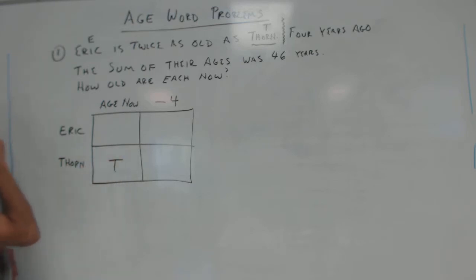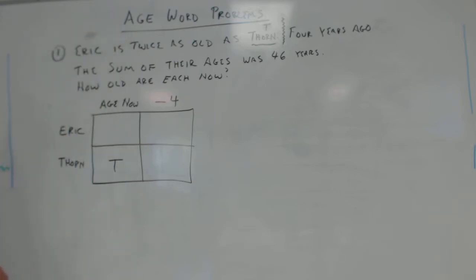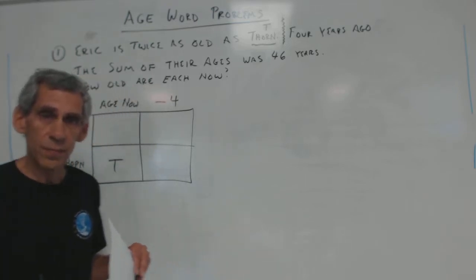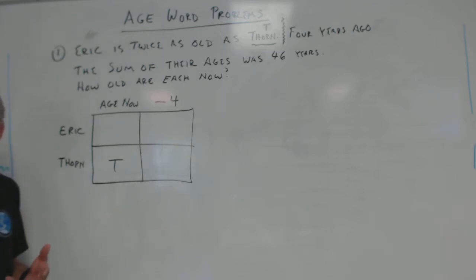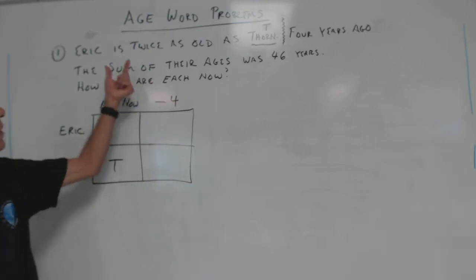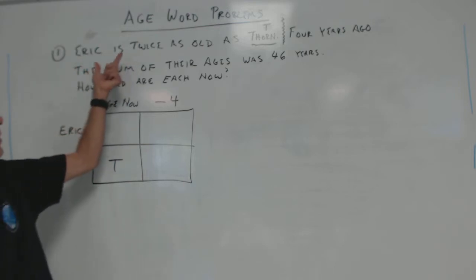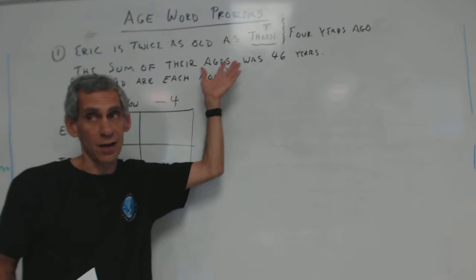The only thing is, we're not going to use a different letter for the second one. Because you're thinking of it in terms of the way we did it when we did systems of equations, and you missed the previous way that I taught those, which is where you just use one type of variable. So it'll make sense in just a second. Look at this. Would you agree with me that if it says Eric is twice as old as Thorn, Eric's age is based on Thorn's age?